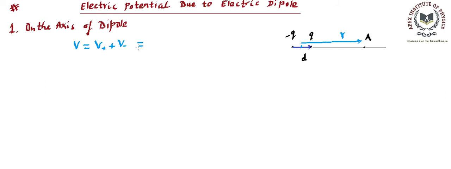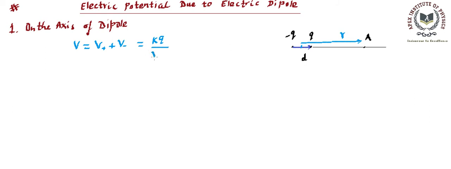Because of a point charge, we know the formula for the potential at any point is KQ upon the distance. So the potential because of the positive charge is K into Q divided by the distance of point A from the positive charge, which is R minus D by 2.